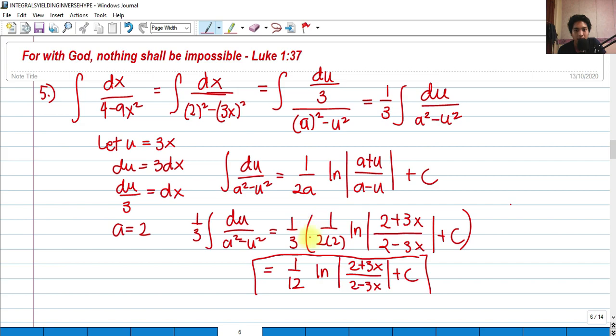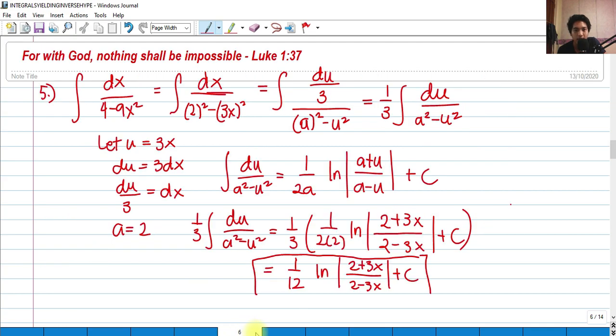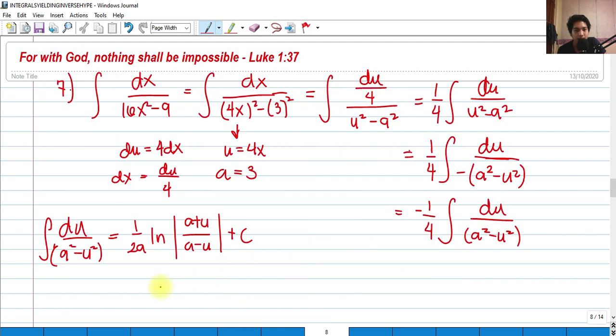So we have 1 over 2a ln of the absolute value of a plus u all over a minus u plus c. Let me just double check it. A plus u all over a minus u, 1 over 2a. So we still have, don't forget, the negative 1/4 to be multiplied.